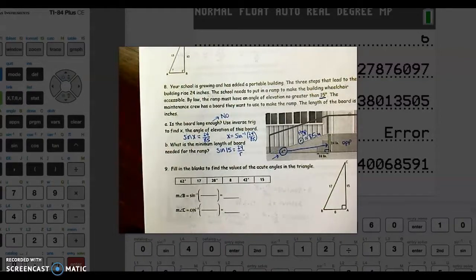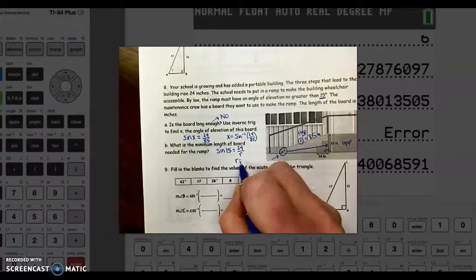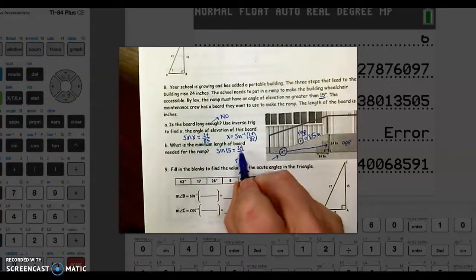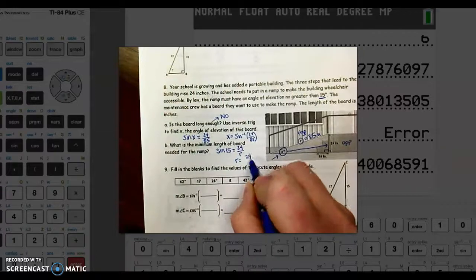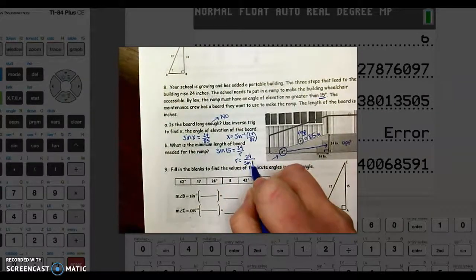So remember we talked about where our variable is tells me whether I'm using multiplication or division. And this time my variable's in the denominator. Denominator starts with D. That's your reminder that you're going to use division. So to find that length of that board, it's always the number first. So 24 is going to be divided by the trig function sine of 15.